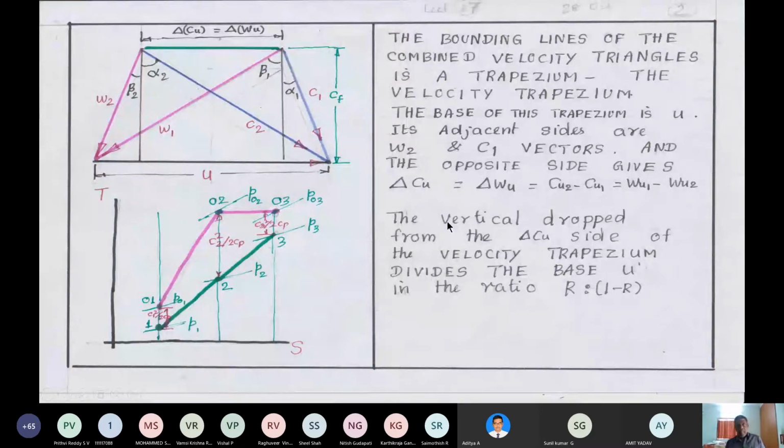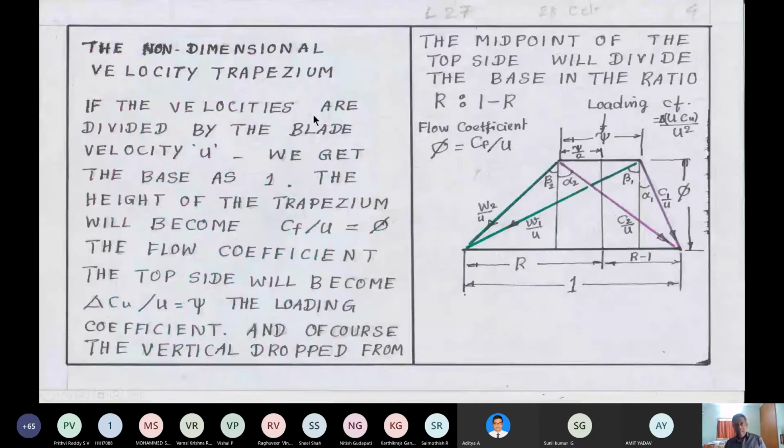Okay, so the non-dimensional velocity trapezium: the velocities are divided by the blade velocity. Actually, I am going to convert it into non-dimensional form.